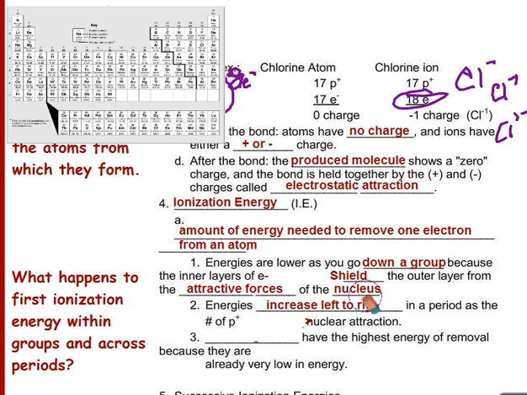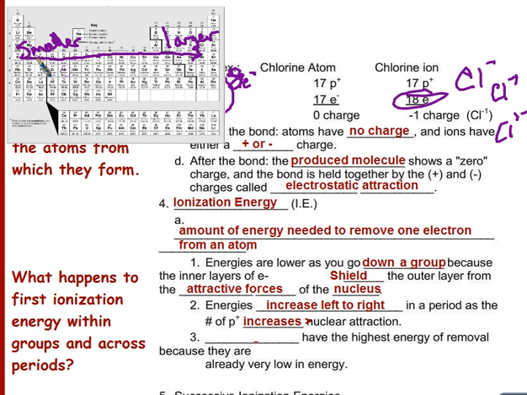Right? So the energies then increase as we go left to right, because as the number of protons increases, it increases our nuclear attraction. So for the same way that atom size gets smaller as we go this way across, our ionization energy, okay, so the energy to pull an electron off is lower down here, smaller ionization energy down here, larger ionization energy down here.